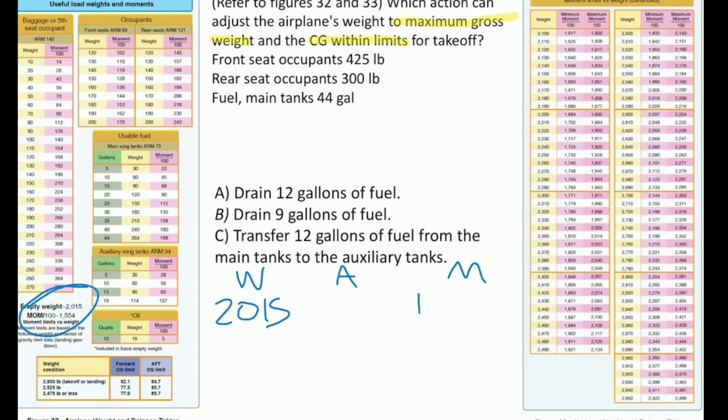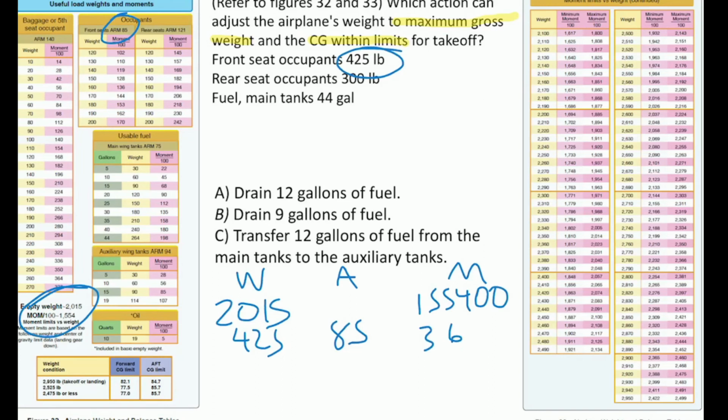Arm and moment, 155,400. We got front seat occupants of 425, so 425 and 85 gives us a moment of 36,125.